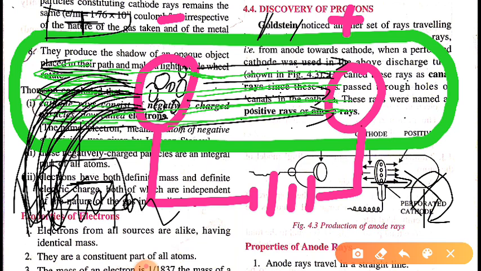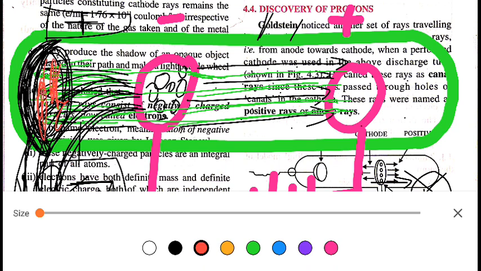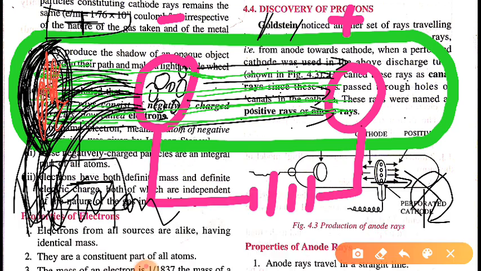If we are using a zinc sulfide plate, it produces a fluorescence. I hope that up to here you have understood.